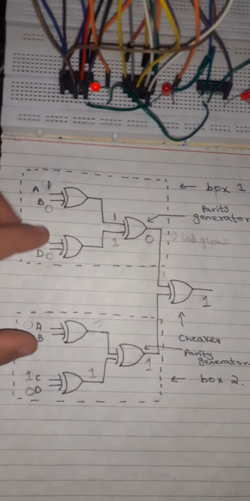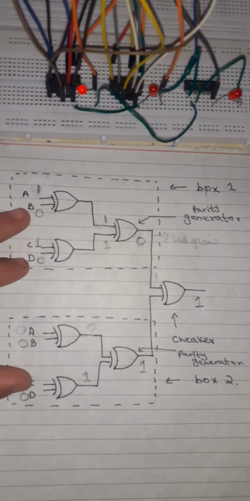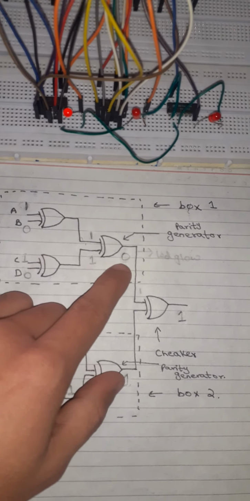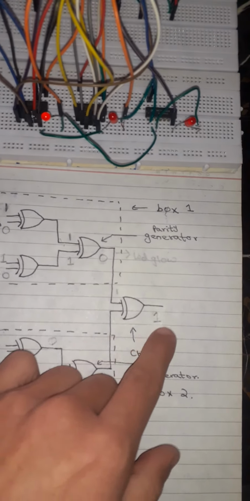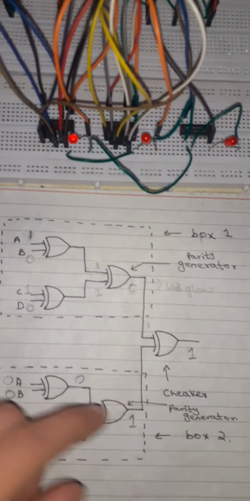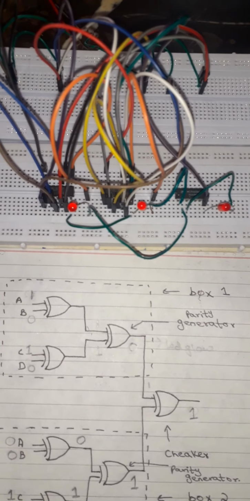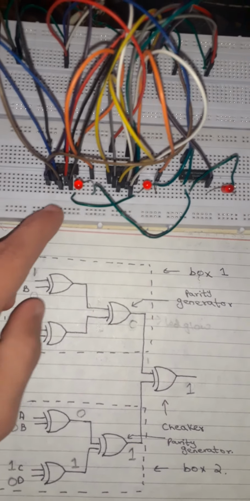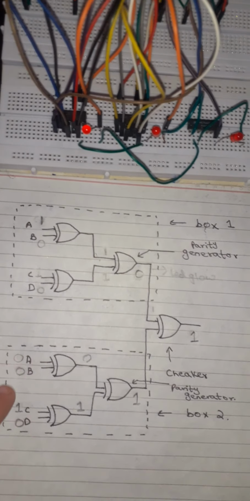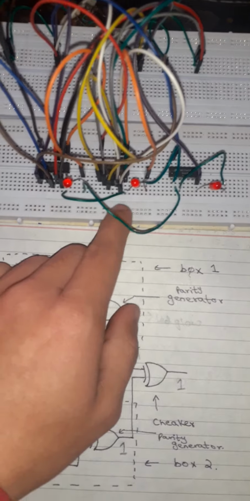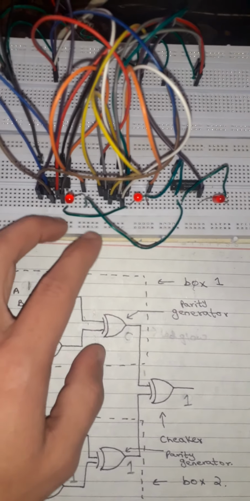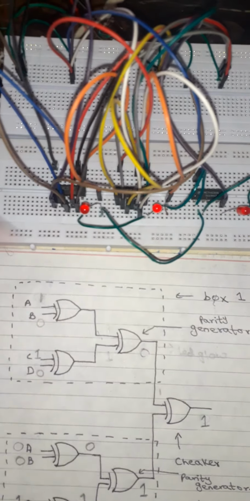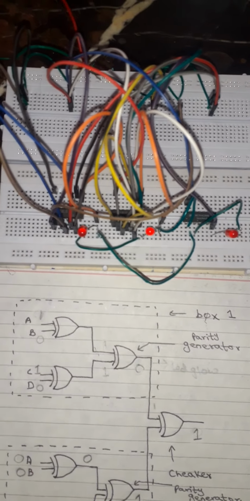I have done this deliberately, because if they are different, the output will be 0 1, and our checker will glow. I have done the same with my circuit: 1010 here, and 0010 in the second box. I've already told you that this is my box 1, this is my box 2, and let's see whether my checker will glow or not.